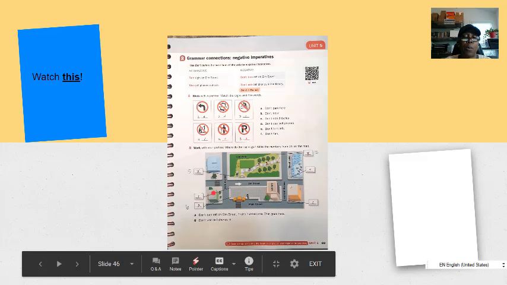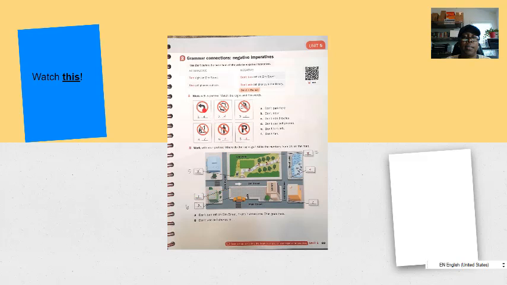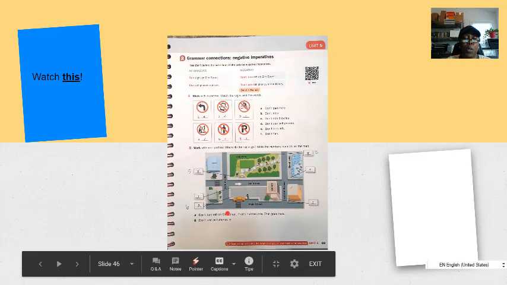The next one, which is correct, is number 1, don't turn left. And the reason they would put a don't turn left sign here, imagine if you were driving down Park Avenue. So you're coming from this direction and you're going this way. And you're right here.